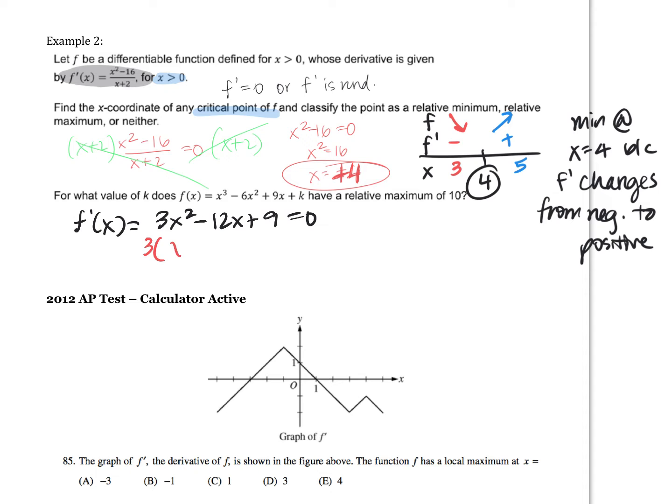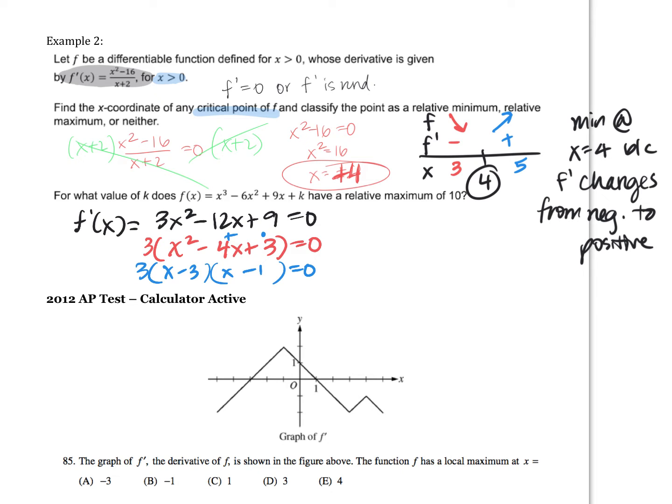Take that 3 out. x squared minus 4x plus 3. What multiplies to be 3 and adds to be negative 4? Negative 3 times negative 1, negative 3 plus negative 1.